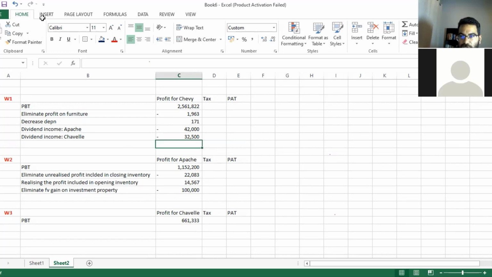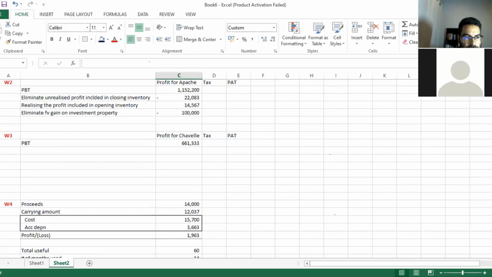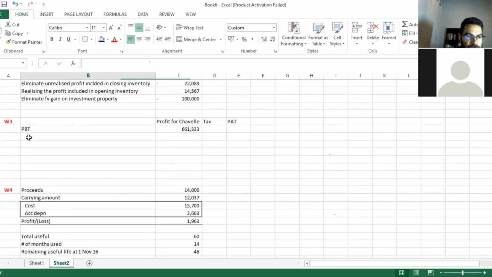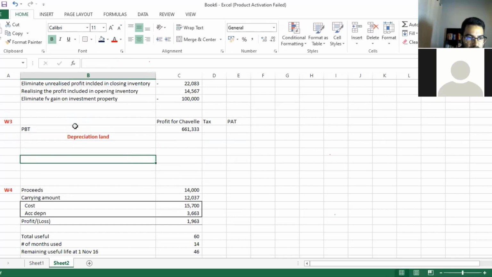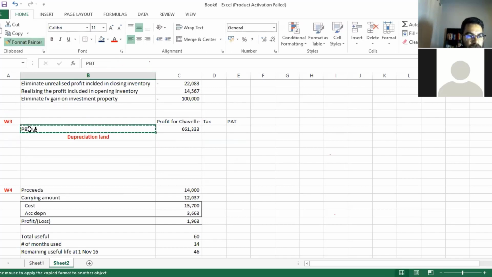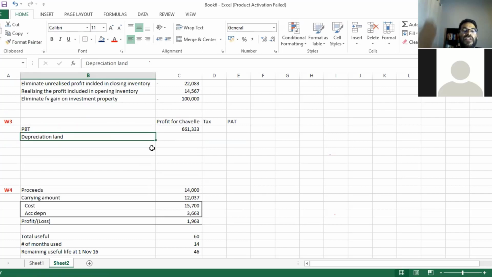So in Chevelle's books, we will go to Chevelle and we're going to say over here, what was that now? Depreciation, I think it's on land. I'm not sure what it was now. So we need to make this adjustment to land.